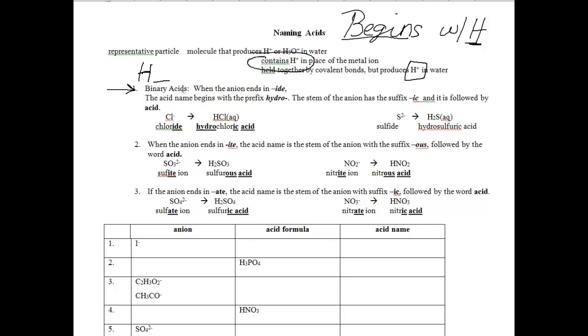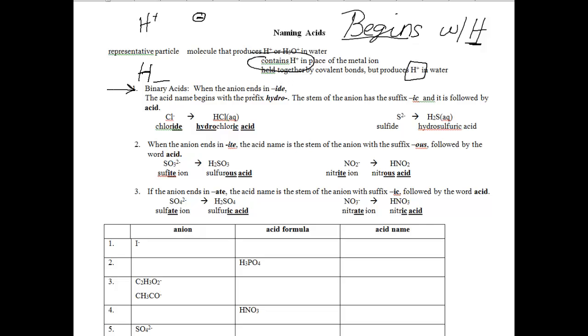If it's a binary acid, and we know it's coming from this H+, so we're looking at it in negative, it has to be an anion. Well, these are my anions. These are just the single elements, so these are when chlorine turns into chloride, sulfur into sulfide.